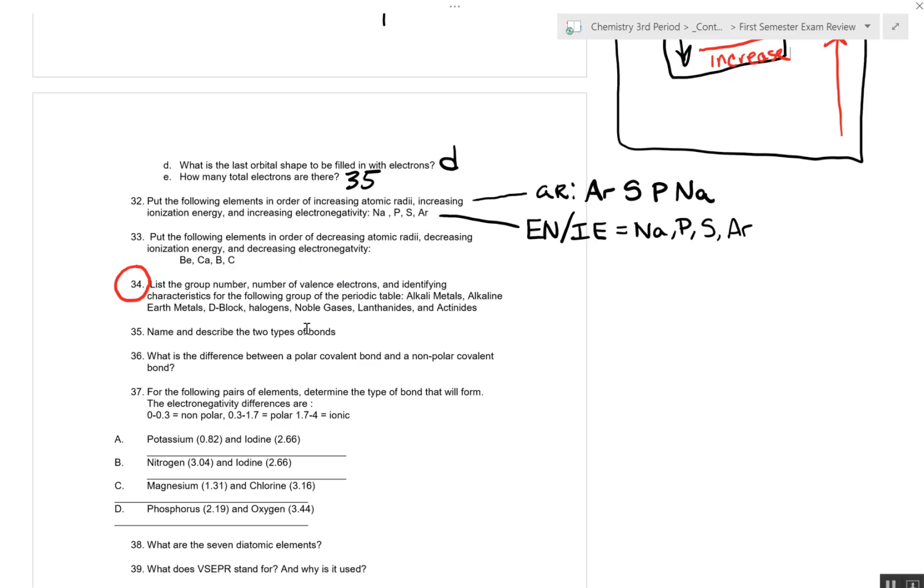So we are down to number. Vesper. Now, this is for the modeling and things like that. I would put that, and how to do a Lewis structure, on your card. Those are the two important things you need to put on your card. All right, Vespers and Lewis structures. I will be slightly lenient on those, but if you have them on your card, you should not mix them up.